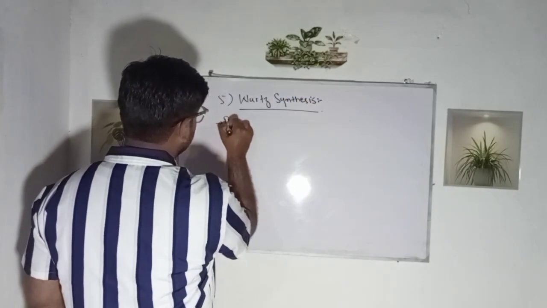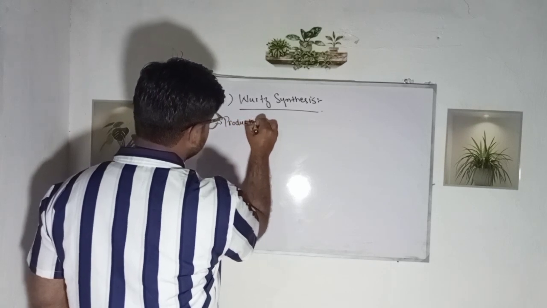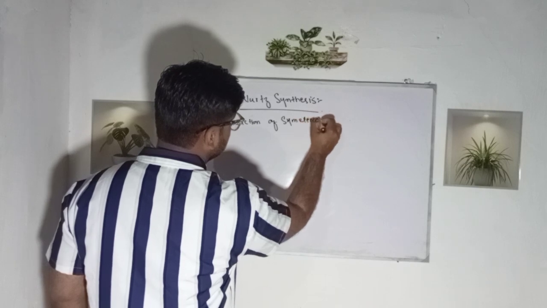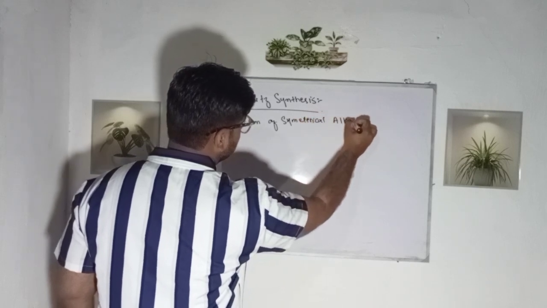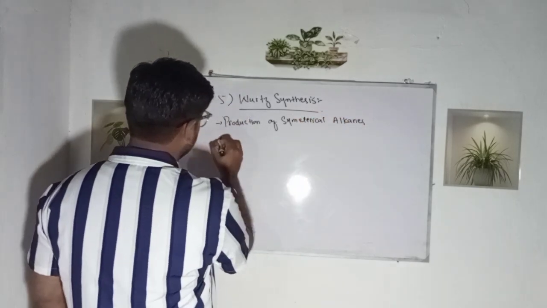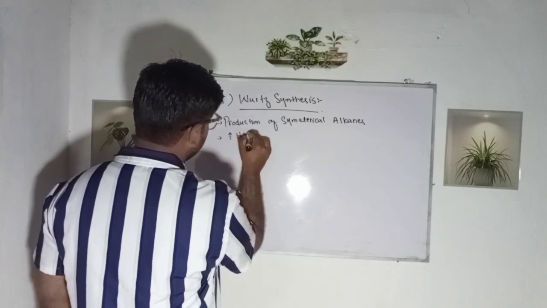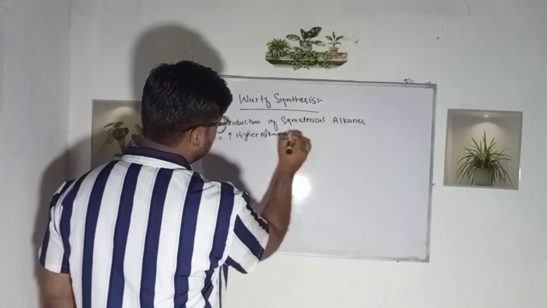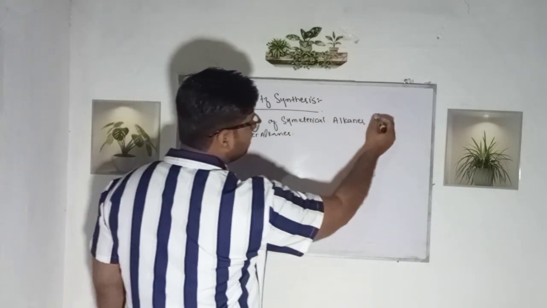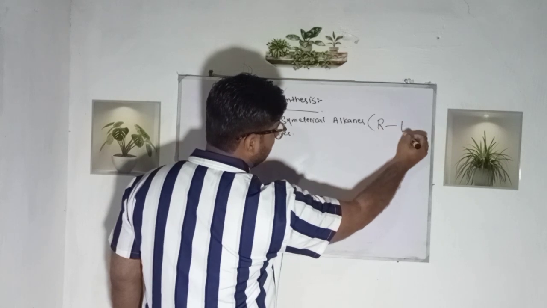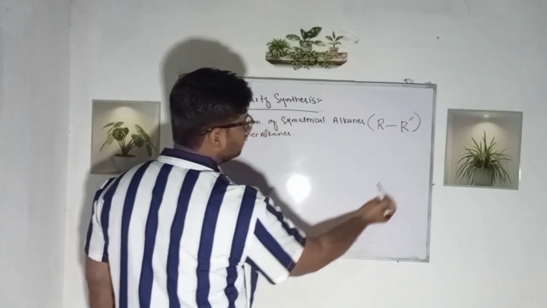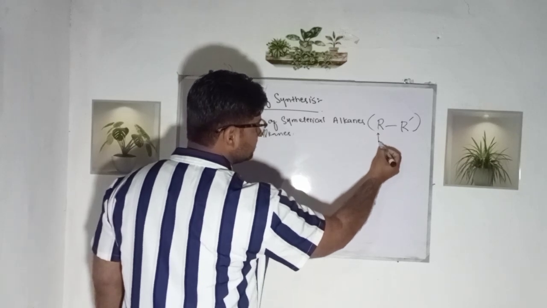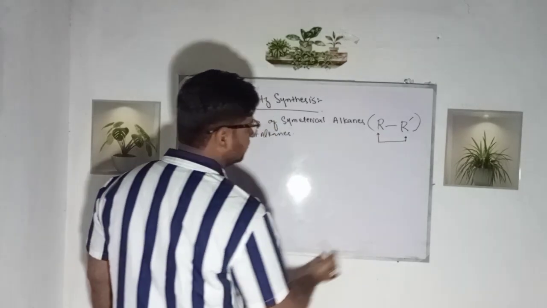It is used for production of symmetrical alkanes, which is used for producing higher alkanes. Now these symmetrical alkanes are of RR type, which means that the number of carbon atom on one side will be equal to the number of carbon atom on the other side.